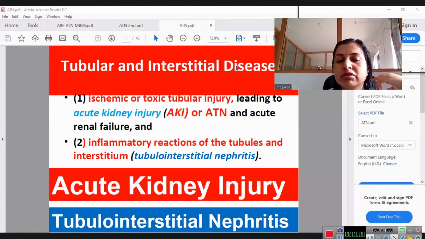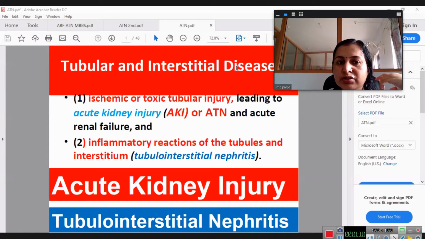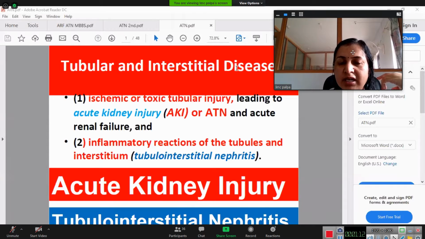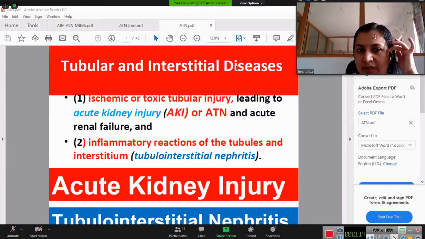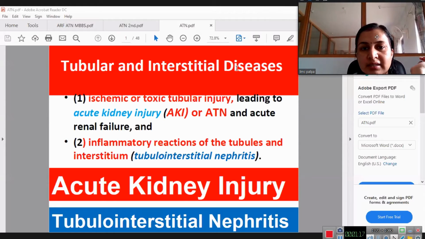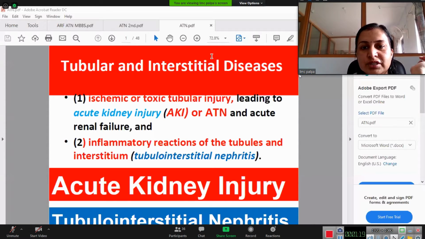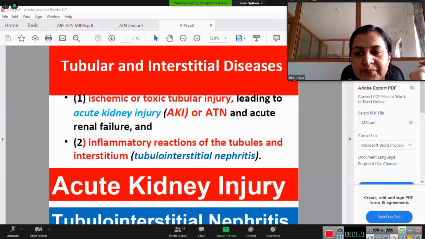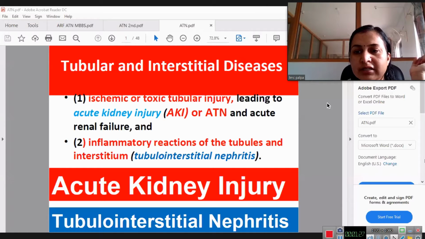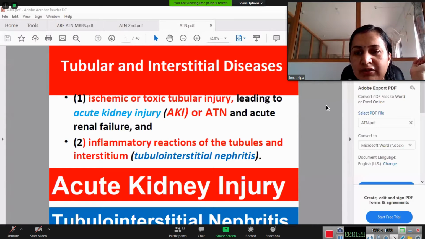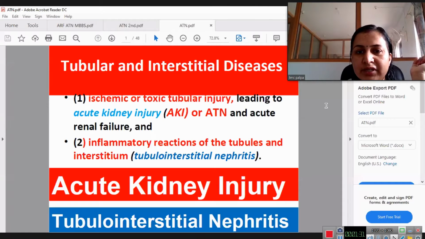So, acute kidney injury or acute tubular necrosis leading to acute renal failure is related to tubulointerstitial disease, meaning the glomerular disease may give a patient some time to either recover or to sink, while tubulointerstitial disease can be very acute.